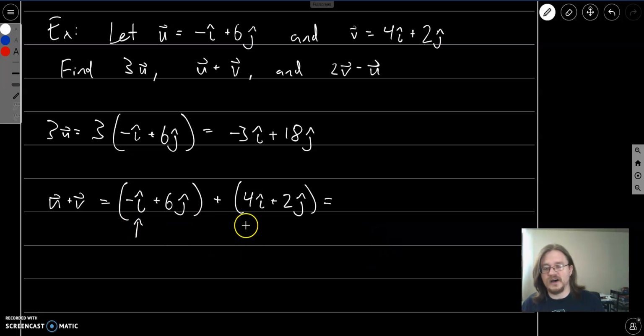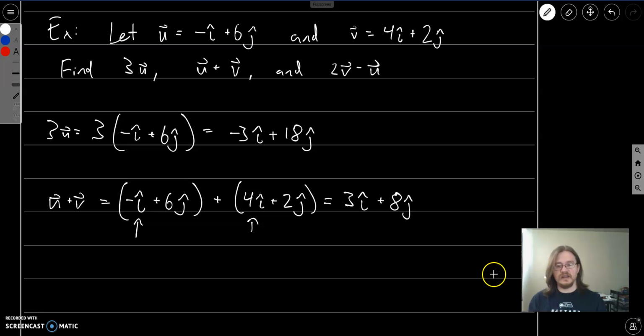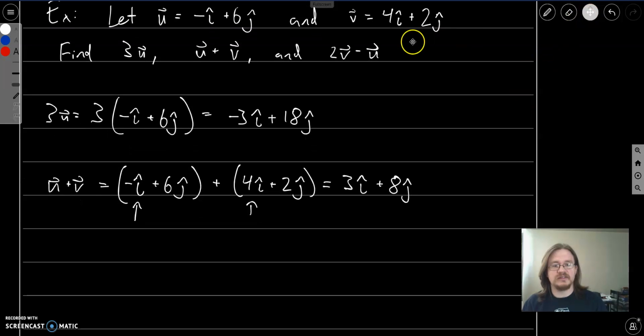So we've got some i's, so let's add those together. We've got a -i and a 4i, so when we combine those together, we get 3i. Here we've got 6j's, here we've got another 2j's, so that adds up to 8j's. And that's it. That's all there is to adding these vectors. Let's do one more example.